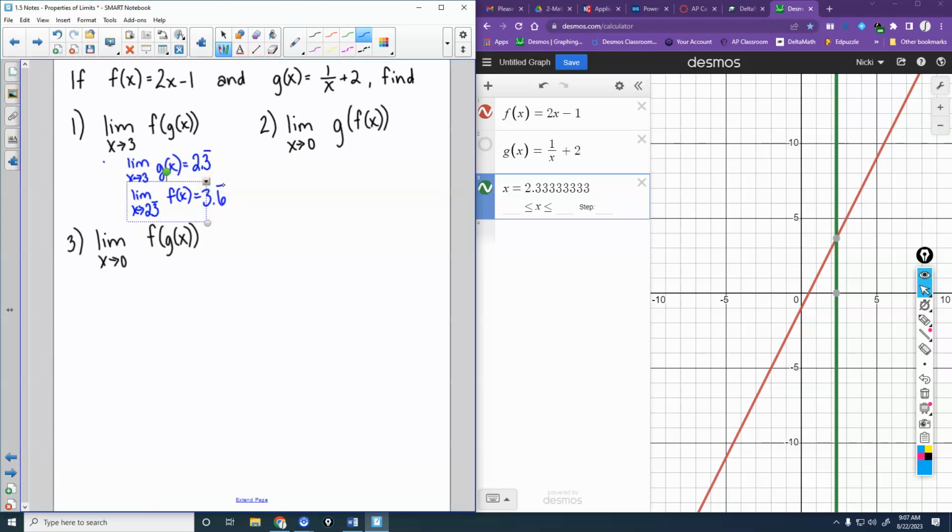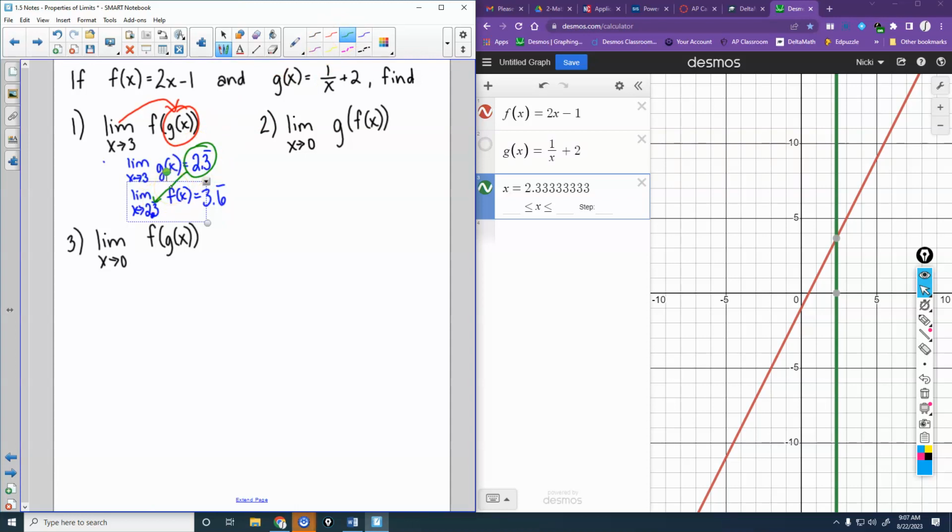So for these, you do the limit of your inside first, and whatever you get for that answer becomes what you're approaching.